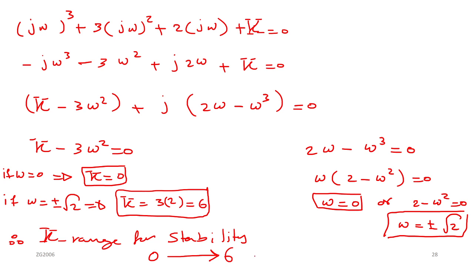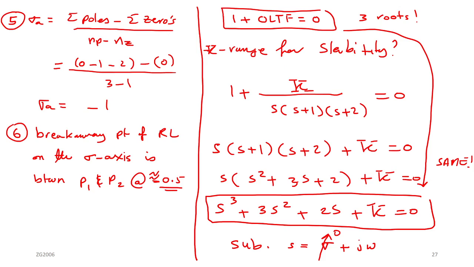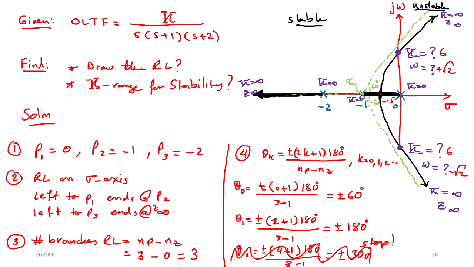Okay? All right? From 0 to 6. So 0 is okay, and 6 also okay. This is the limit. Got it? And this is the solution. The total solution. All right?